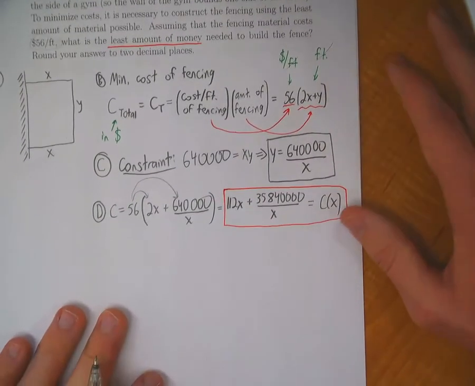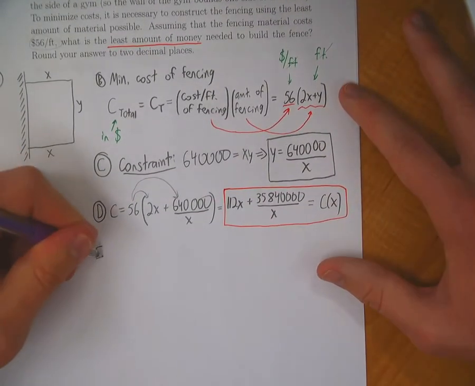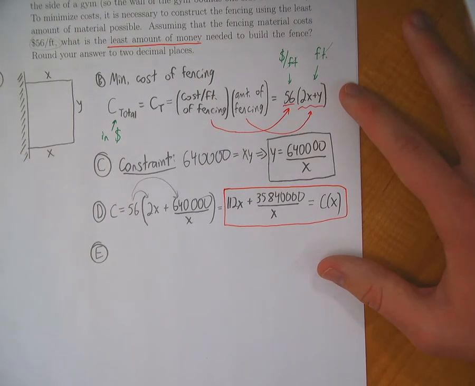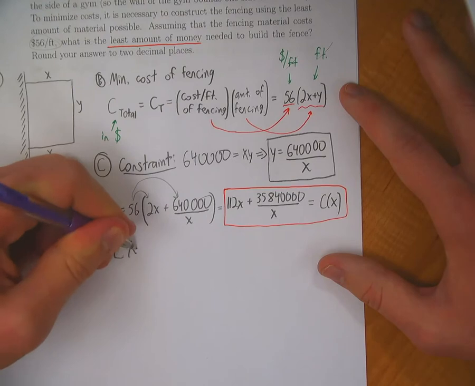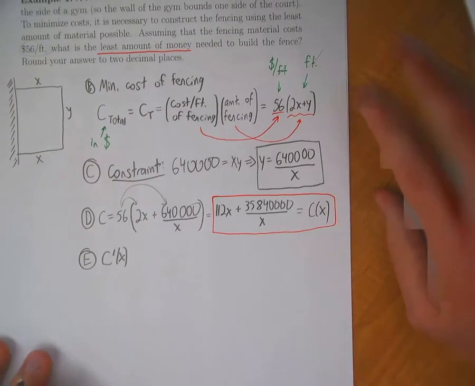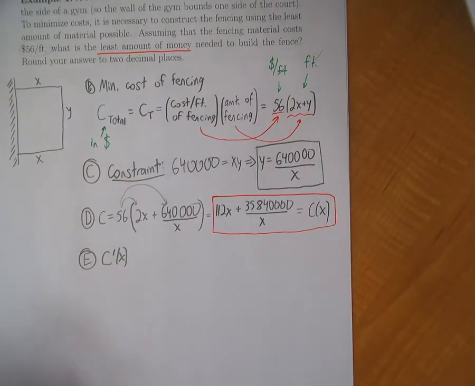So then part E says, all right, well, just go ahead and differentiate, set it equal to 0 and solve. So first let's go ahead and differentiate this to see what happens. So what are you guys going to use for your derivative?